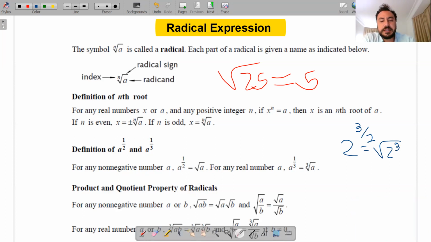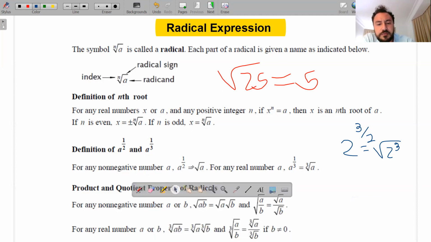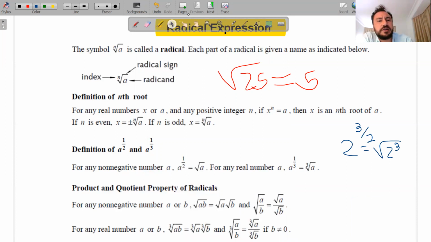Another couple of important pieces of information that we need to remember are the properties for radicals. One is the property of multiplication of values inside the square root or the root.